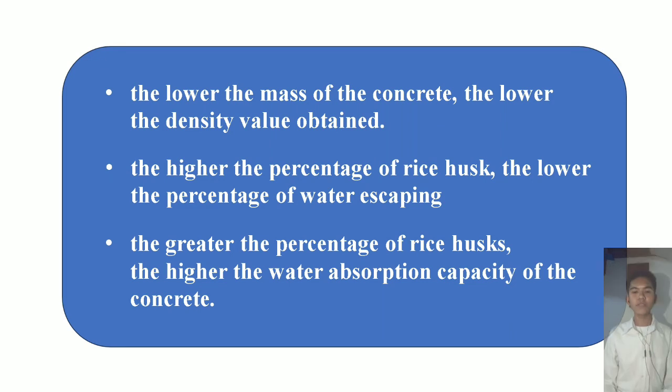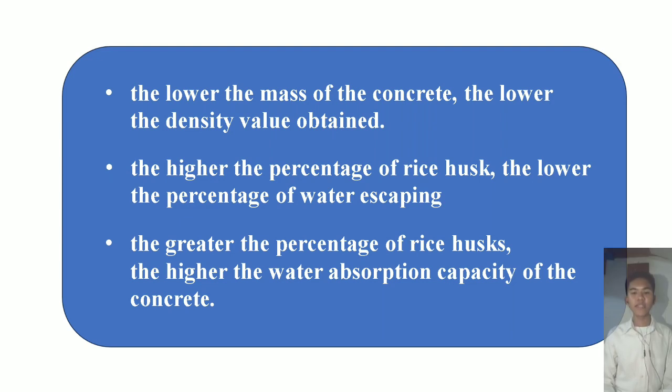For the conclusion, concrete with a higher percentage of rice husk is brown and has a rough surface. A higher percentage of rice husk addition has an impact on a higher compressive strength value and percentage of water absorption, while the percentage of water escape is less.